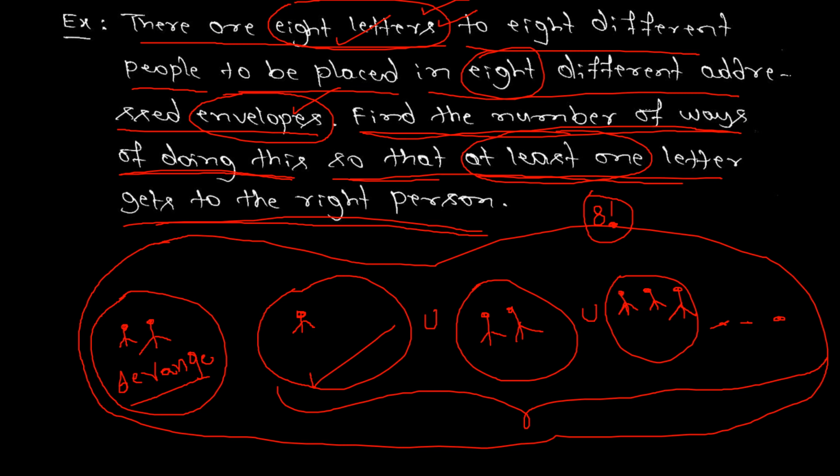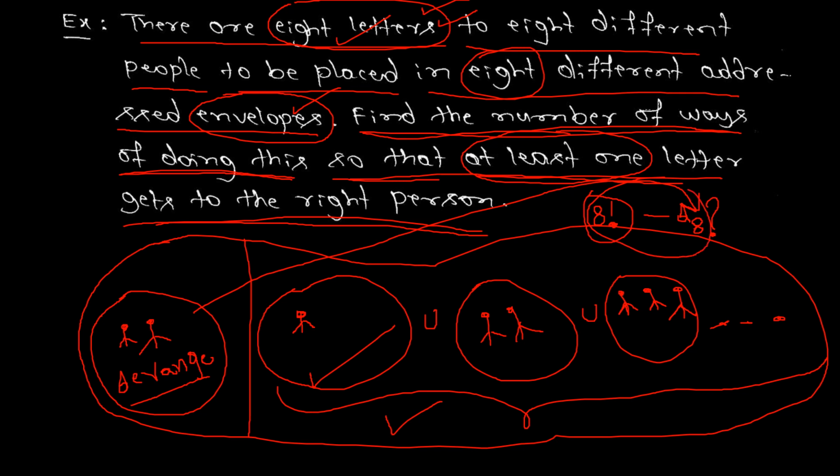So what we do is 8 factorial minus the number of derangements. Now how many derangements are there? We will find out now. That means we need to find D8, the number of derangements of 8 letters. So this is how we can find the required answer for this question.